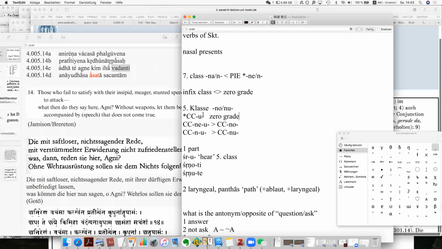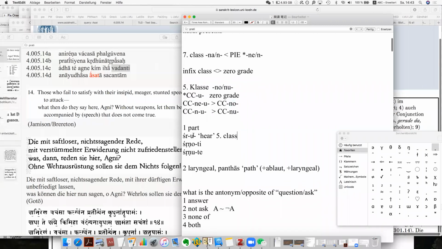And as I explained last time, the fifth class comes from the seventh class because fifth class is built on verbs which have such structure, namely CCU. And then if you have CCU, you put a n inside, and then you will get a no and you will get a u. And the example is actually the root shru, means to hear.